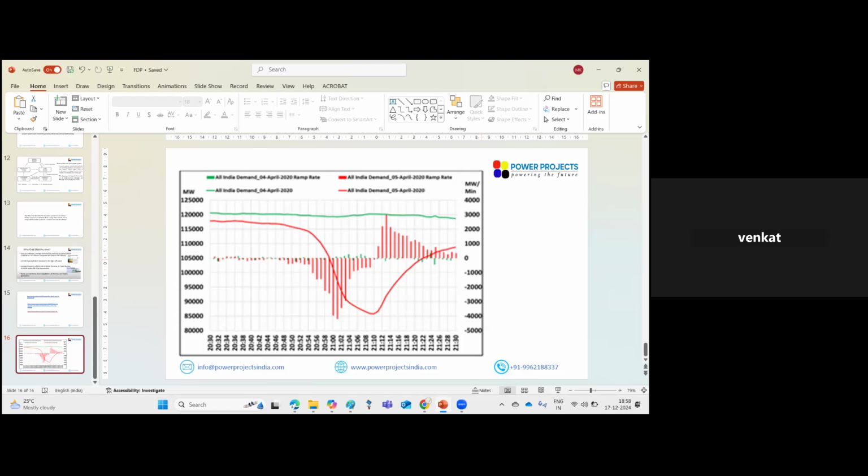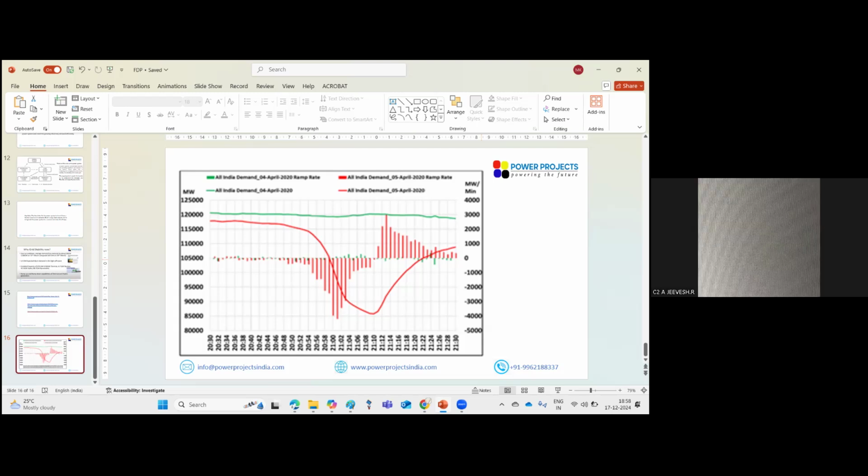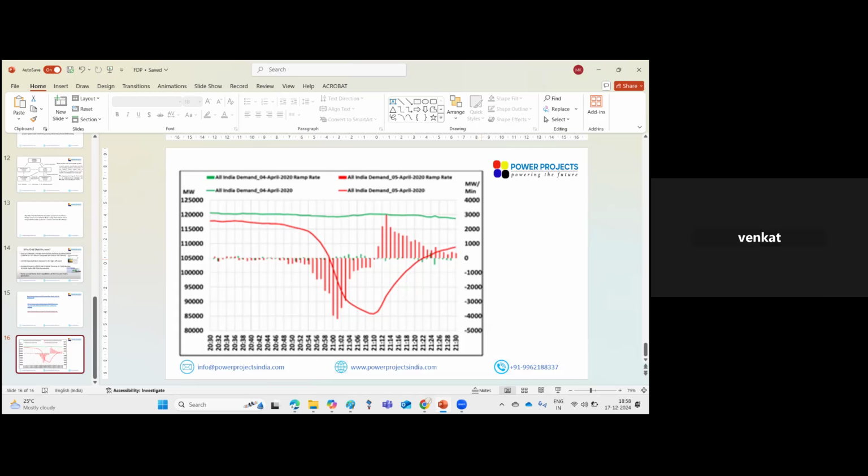Doing load forecasting for peak load is perfectly all right, because I know what my peak load is. But I need to do load forecasting to maintain the equality constraints every second as well.